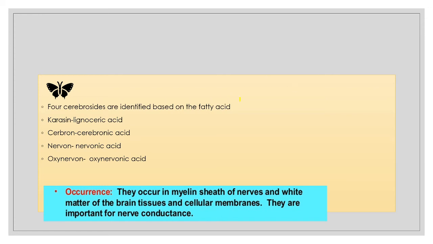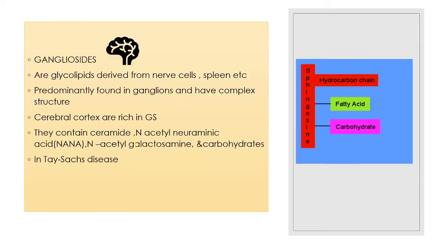Four cerebrosides are identified based on the fatty acid component: lignoceric acid, cerebronic acid, nervonic acid, and oxynervonic acid. They occur in the myelin sheath of nerves, white matter of the brain tissues, and cellular membrane. They are very important for the conductance of nerve impulses.